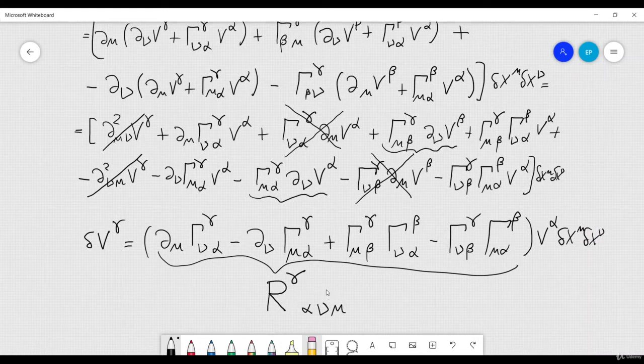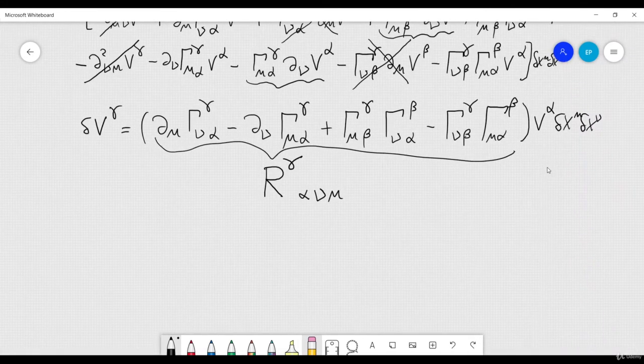Of course, sometimes in some books you can find that some of these indices are not in this order. They are changed, but we will use this definition. So this is a definition for the Riemann tensor. We know it's a tensor and it depends on 4 indices. As you can see, it's quite a complicated expression.